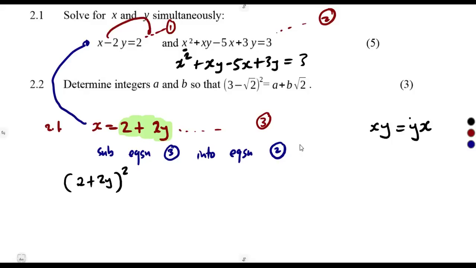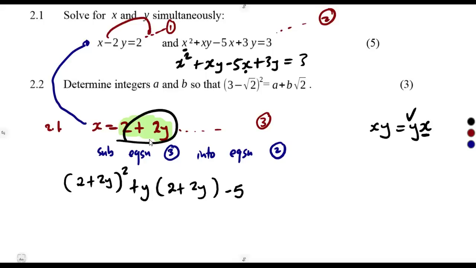You can even start with y to multiply. So it is plus y into x. What is our x? This part, 2 plus 2y. It is just the same thing, guys. Do not worry about this. Minus 5x. So that's minus 5 into x. This is our x, which is 2 plus 2y. Plus 3y is equal to 3.